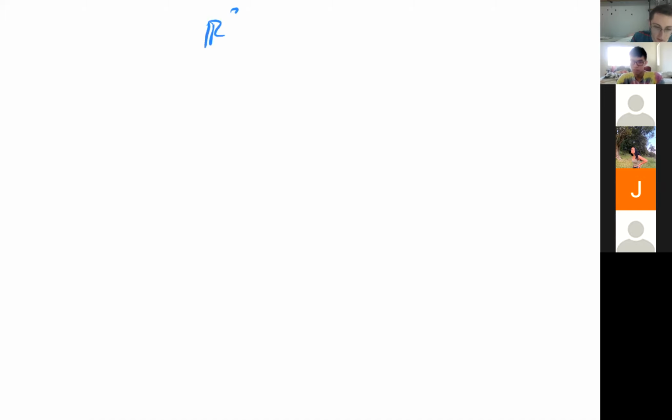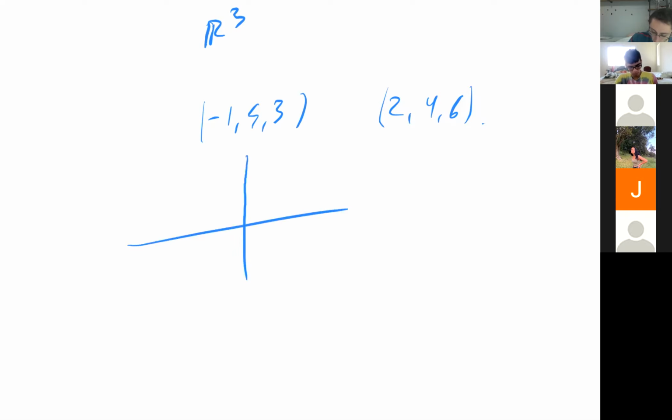The way that we're going to go about this is we're going to start with one of these points, and nothing is going to be drawn to scale because it takes too much brain power to do that on the spot.